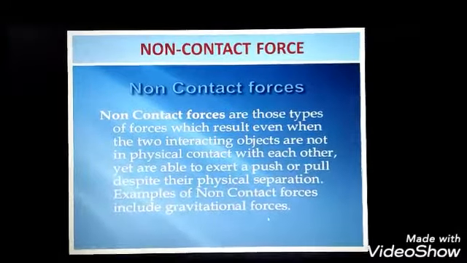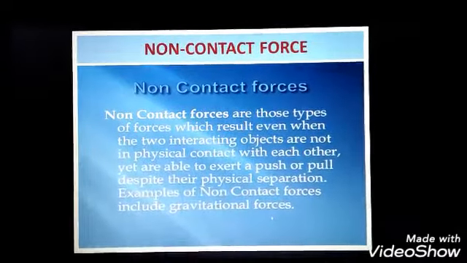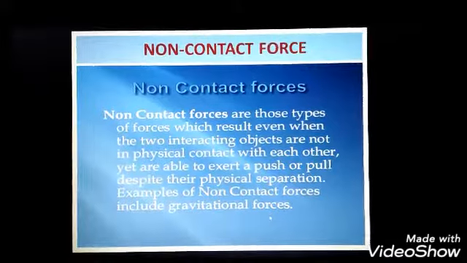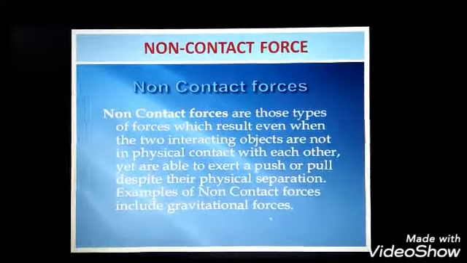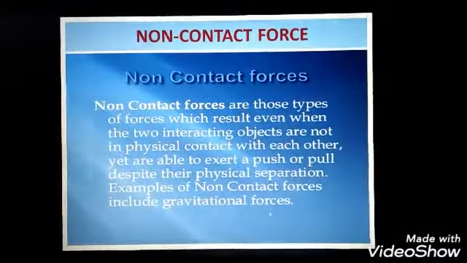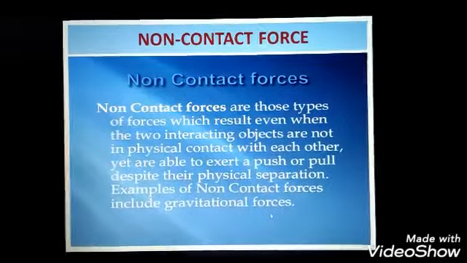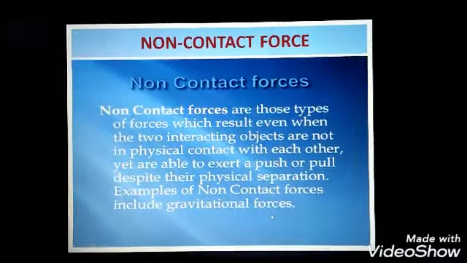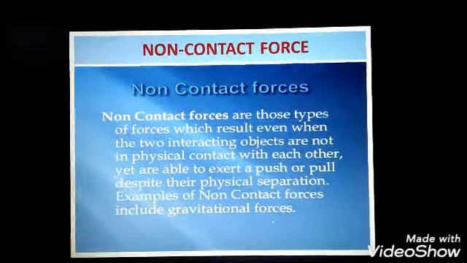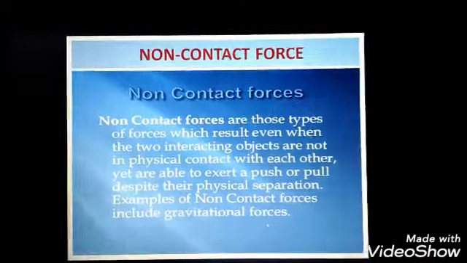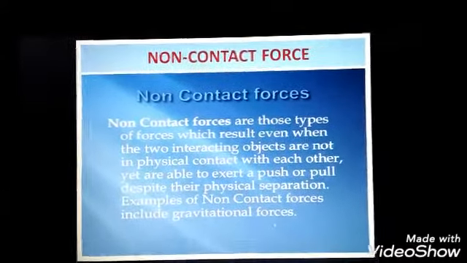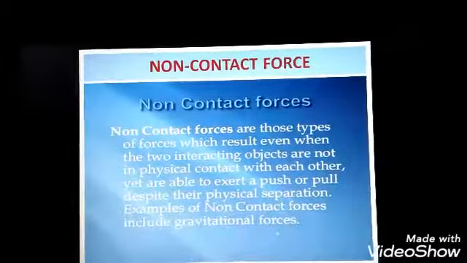First, in the previous class I told you about the contact and non-contact forces. So what were non-contact forces? The forces which act even though there is no apparent contact between the two objects. There seems to be a physical separation between the objects, still the force acts, right? For example, the falling of fruits to the ground.